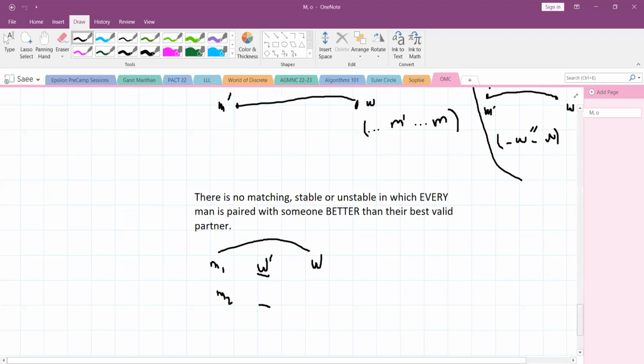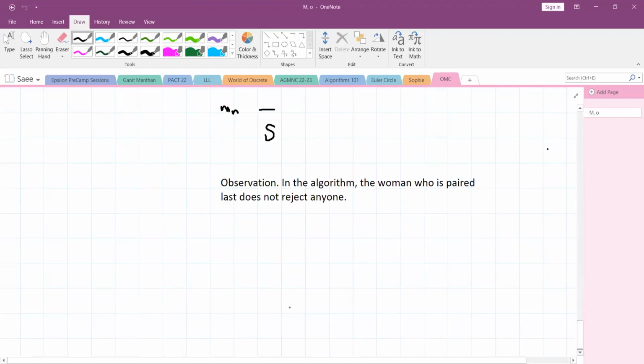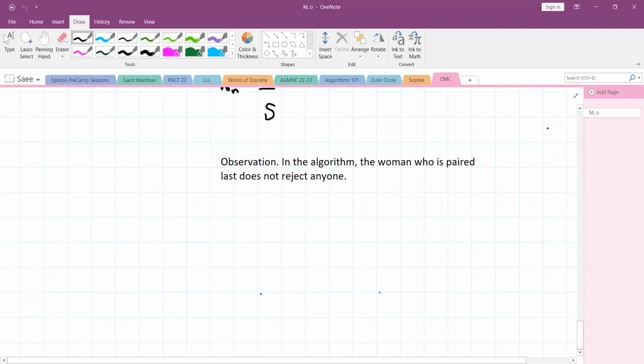Another interesting property is, let's say we have two stable matchings. This is not related to the Gale-Shapley algorithm, but it's a nice question nonetheless. Let's say M1 is paired with somebody W1 in S, and M1 is paired with W1 prime in S prime.